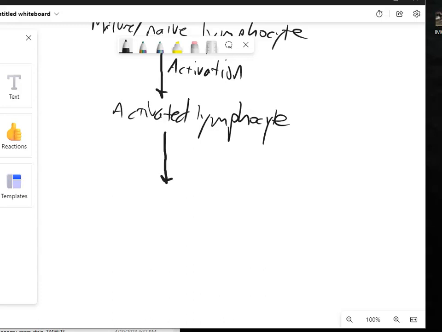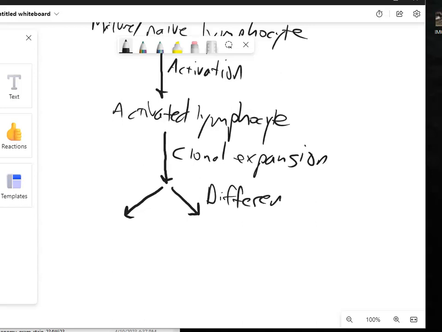The first thing that happens is clonal expansion. That means it makes as many daughter cells as it possibly can. And then its daughter cells, or its granddaughter cells, or its great-great-great-great-granddaughter cells, its descendants, differentiate. And they get their final jobs.